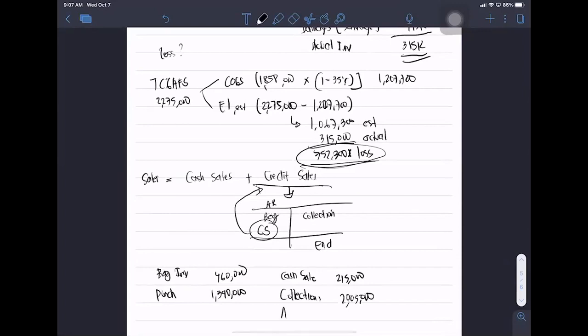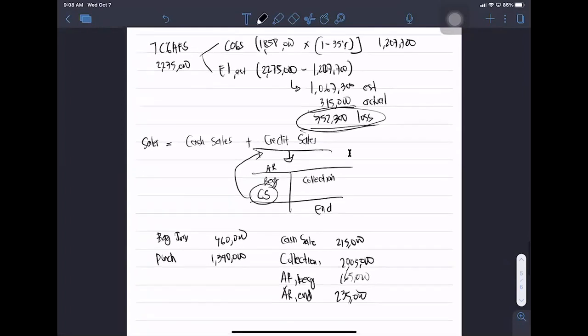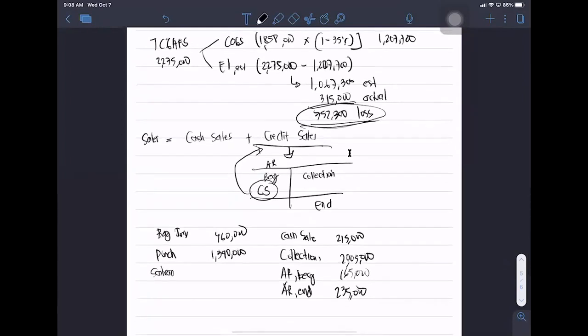We have your AR beginning of 165,000, AR ending of, let's say, 235,000. We have your salvage value of 15,000. We use a gross profit rate of 30%.